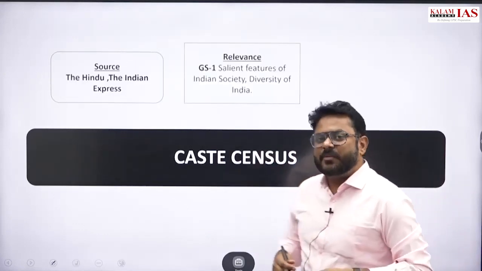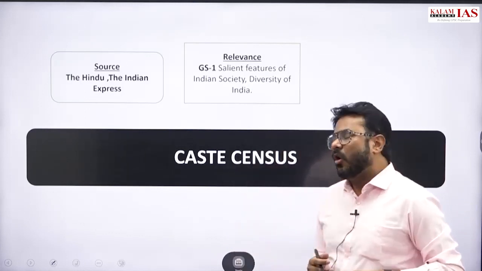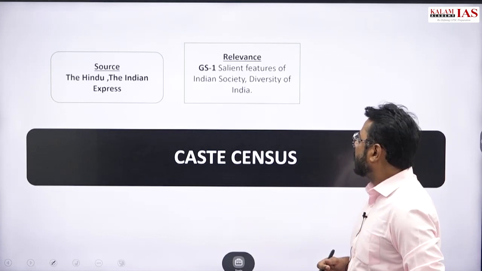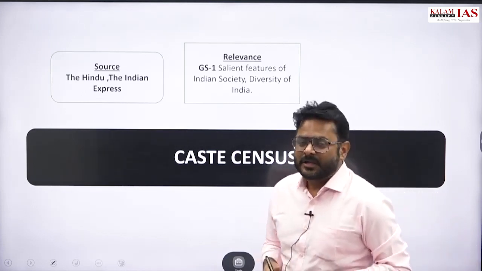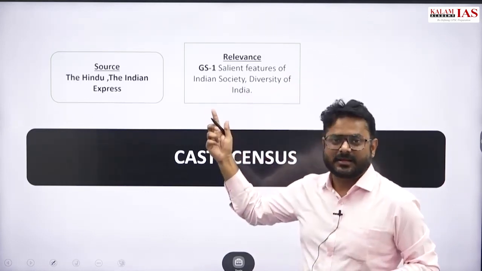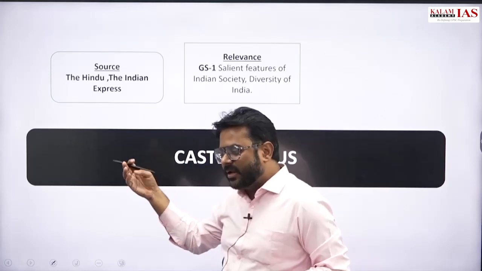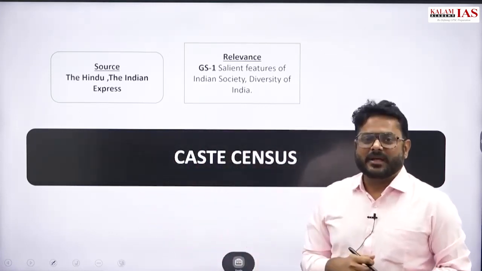If you see the relevance of this topic, then in GS paper 1 there is one topic, that is the salient features of Indian society, diversity of India. So in this topic you can connect with caste. And in another topic like population, caste can also be connected.